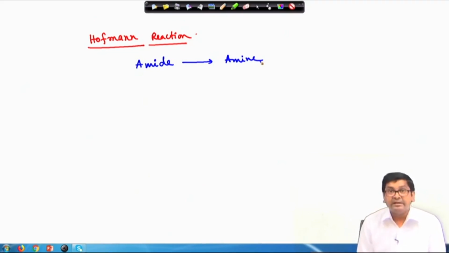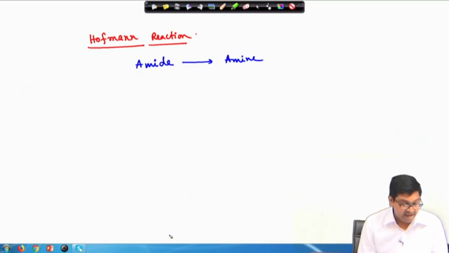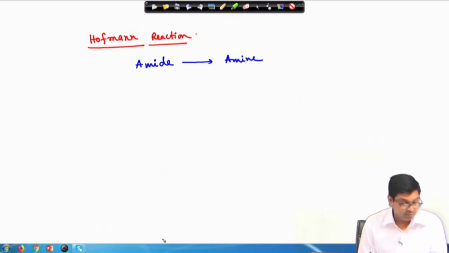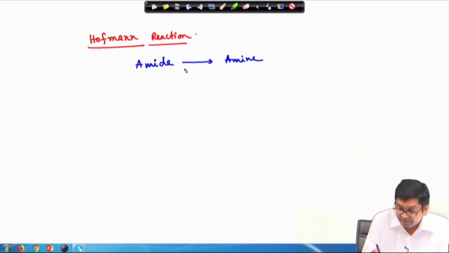In this case, instead of acyl azide, here it will start from the amide group and the reagent is alkaline hypobromite.